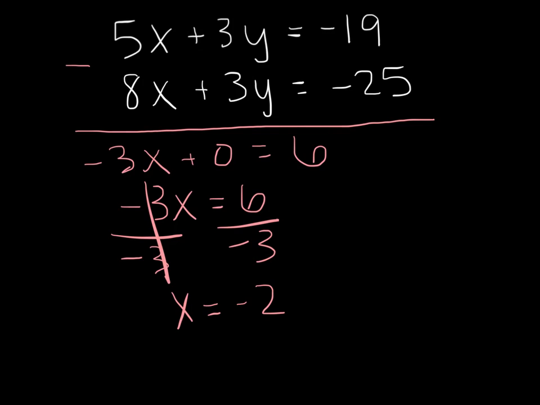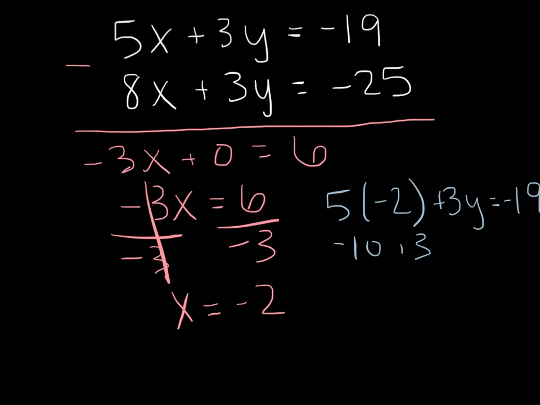So we can take 5 times negative 2 for x, plus 3y equals negative 19. If you notice, we don't have an x in there now, so we're going to solve for y. So 5 times negative 2 is negative 10, plus 3y equal to negative 19. Add 10 to both sides.